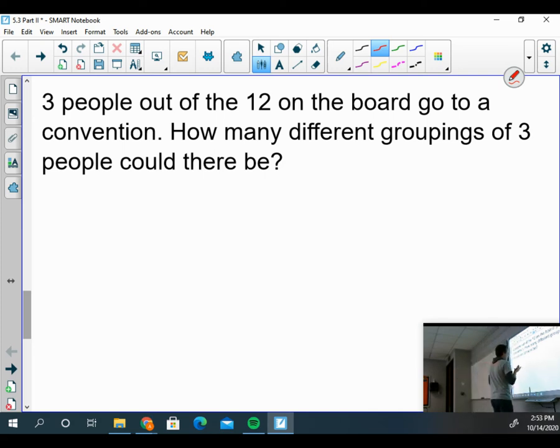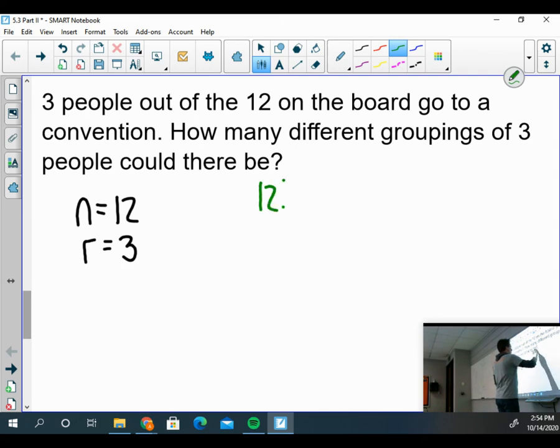We're all going to the same convention. One of us isn't more important than the other. So in this case, order would not matter. We would use nCr. Again, my n value here is 12. My r value is 3. And so I'm going to use my nCr formula: 12 factorial divided by 3 factorial times 12 minus 3 factorial.